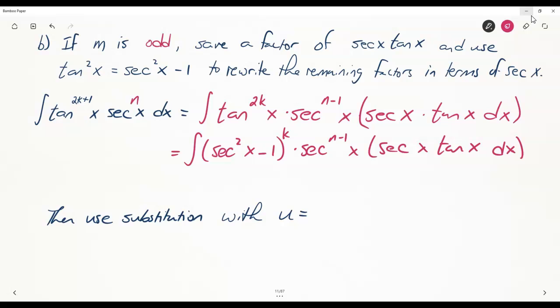Now I would still need to multiply out secant squared of x minus 1 to the k. And provided that k is small, yes, it's tedious to multiply it out using FOIL.